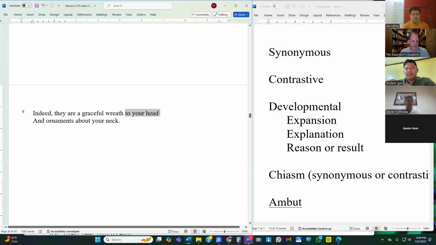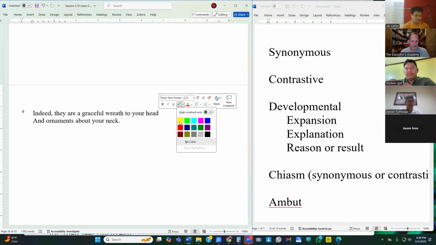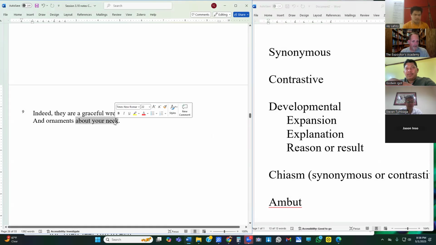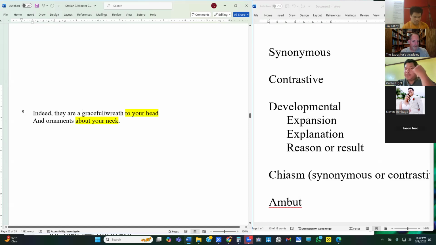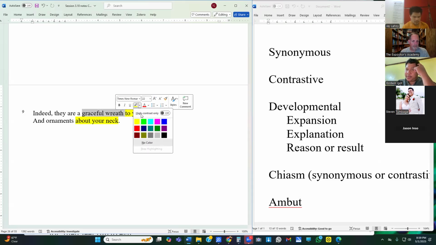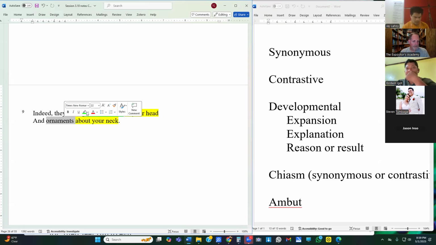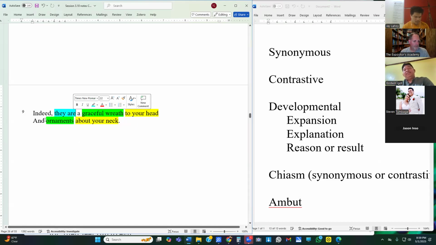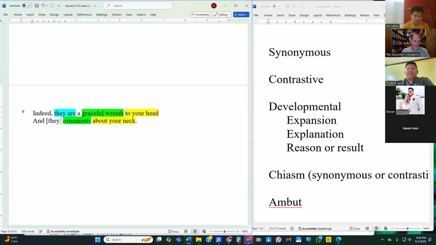Yeah, so let's just look for it. Okay, so that's a similarity. About your neck, it's still the same, a part of the body. And graceful wreath is just like ornaments. It's the same. Now then we have the "they are." We don't have a similar one here, but yeah, ellipsis.